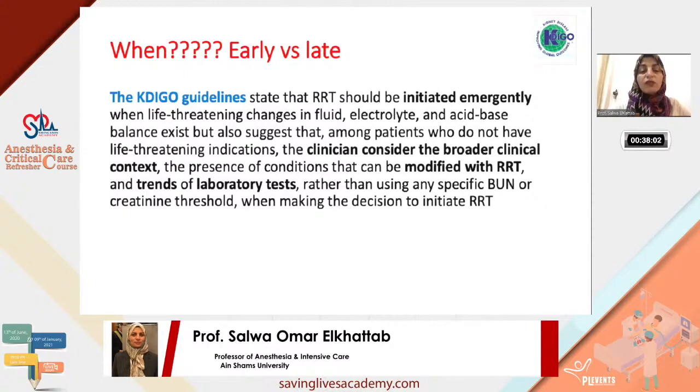If there are modifiable or reversible causes, you can work with the trends of renal functions and other biomarkers, clinical data, laboratory tests, urine output, and the clinical condition of the patient. Again, one of the recommendations is a multidisciplinary opinion. The intensivist and the nephrologist have to discuss whether it is okay to start now or better to delay if there is still a chance to improve the condition of the patient.